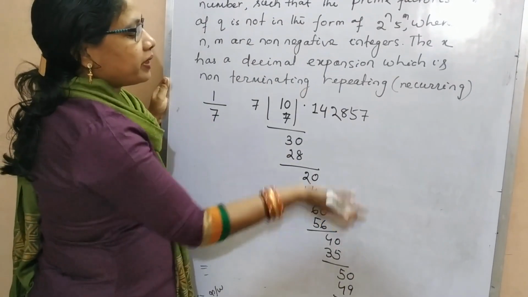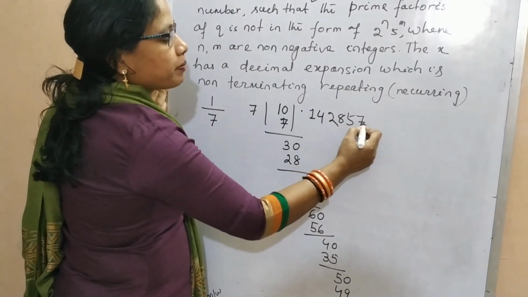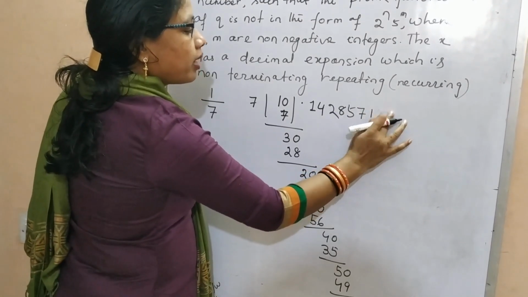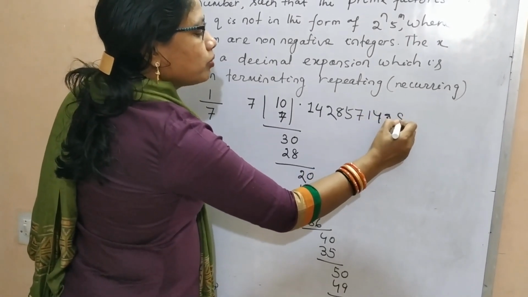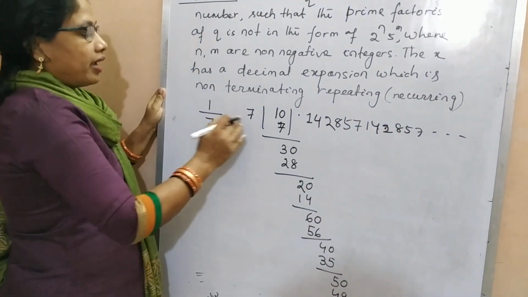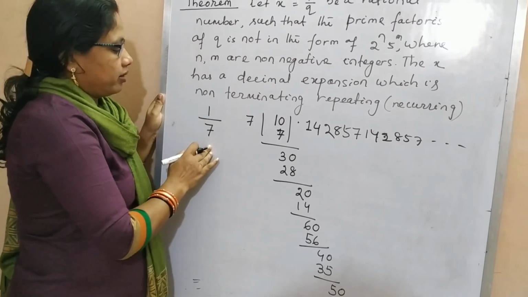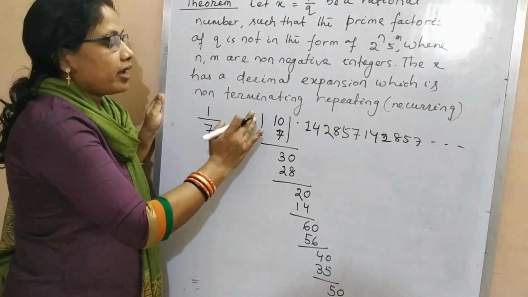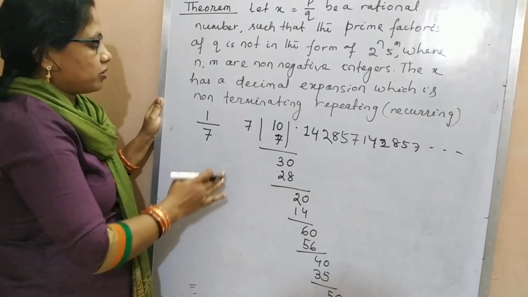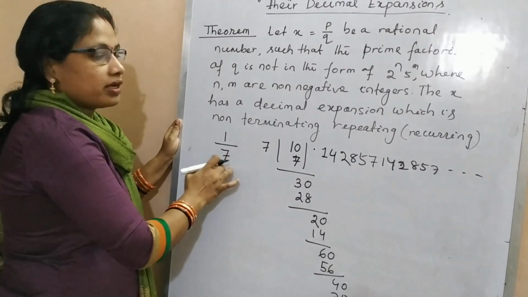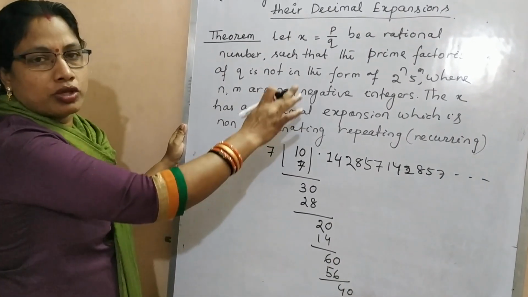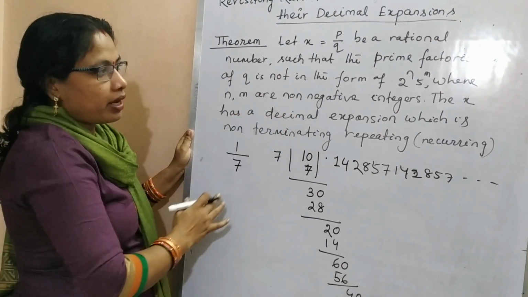Then it is repeating: 1 4 2 8 5 7, then the digits are repeating, 1 4 2 8 5 7, like this. So 1 by 7 can be represented as a non-terminating repeating decimal expression, because the denominator q is not in the form 2 to the power n, 5 to the power m.